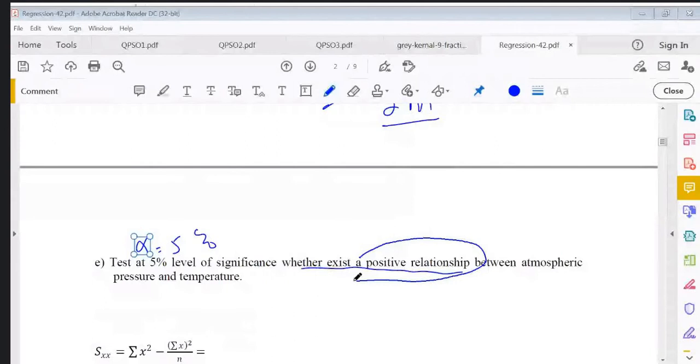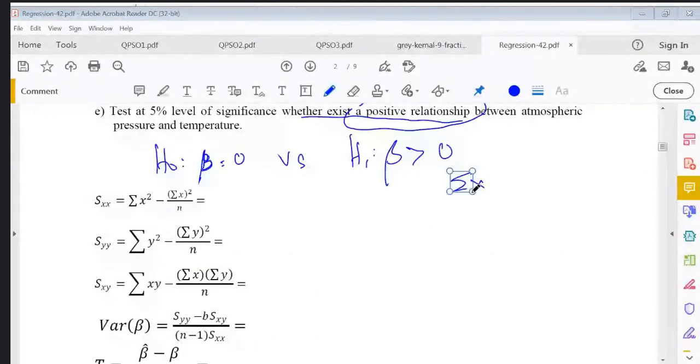To use this, you must find the variance of beta, related to the formula. First you must find SXX, SYY and SXY. Try to find the summation for X, and summation Y, just from the calculator.